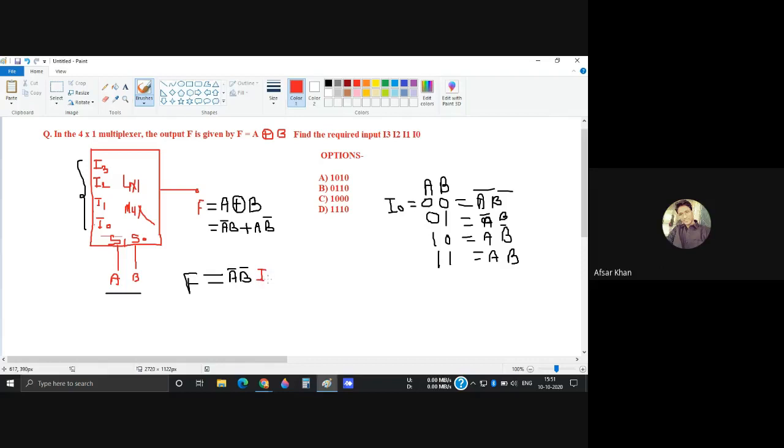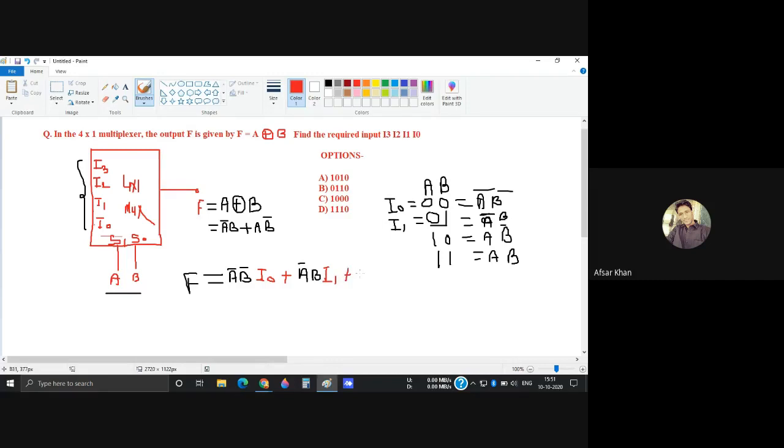Plus, 0 1 means A bar B, which selects I1.